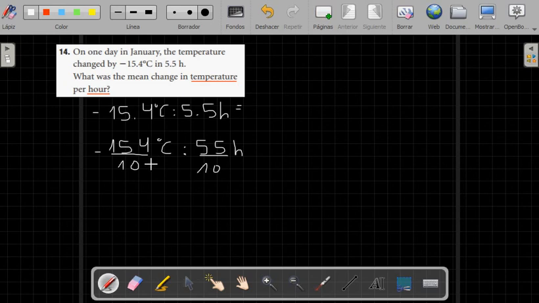Bien, entonces tenemos allí el cálculo que hay que hacer en forma fraccionaria y vamos a hacerlo del siguiente modo. Vamos a ir paso a paso multiplicando. 154 times 10 is equal to 1540, or 154 with a 0. 154 por 10 son simplemente 1540 o 154 con un 0.